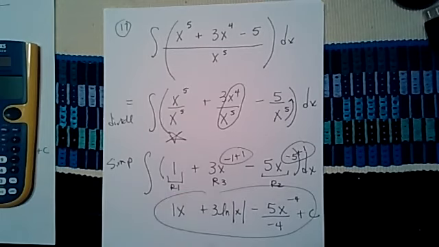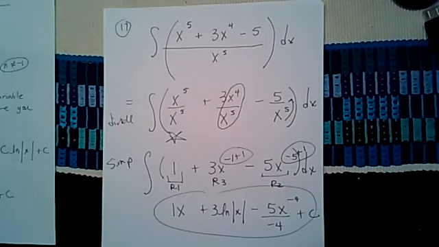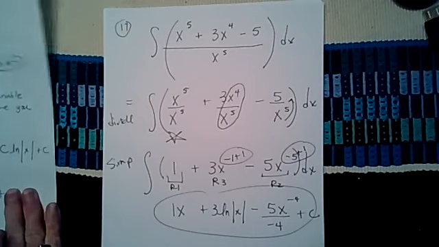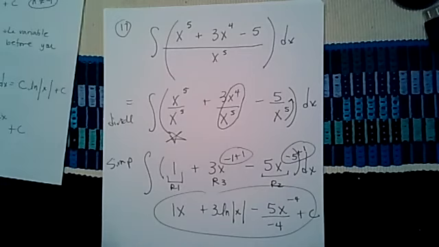And that's it. And that's all the problems from 6.1. It's integration using all your formulas, and this is the most important section we'll do because everything is based on that.